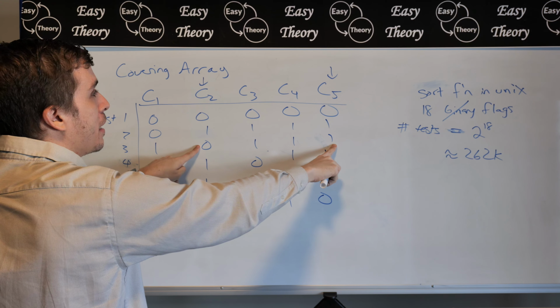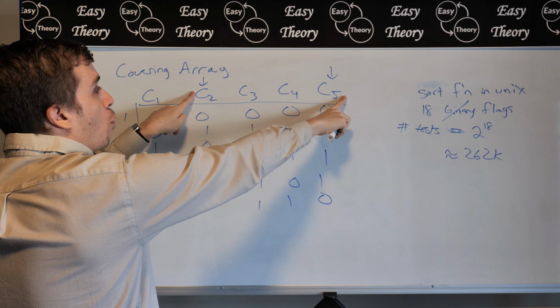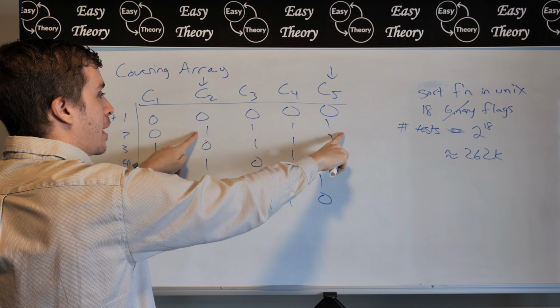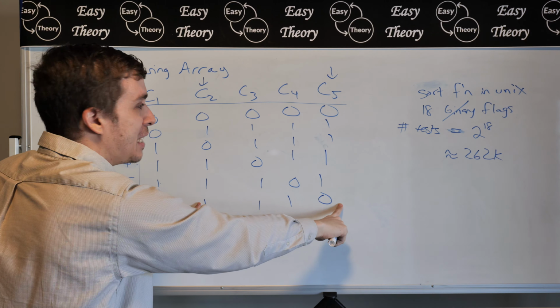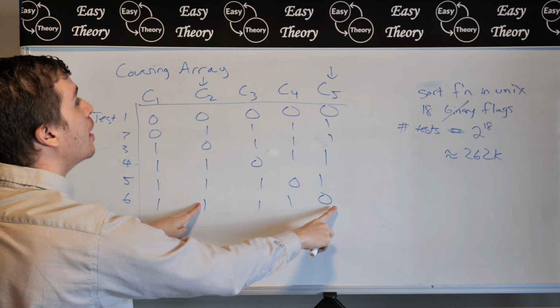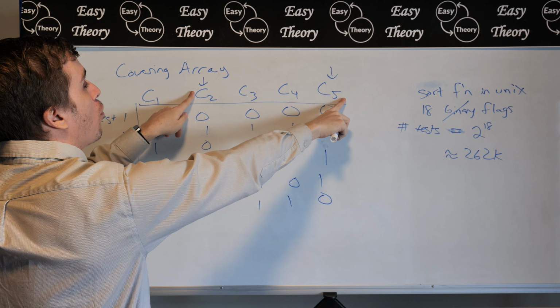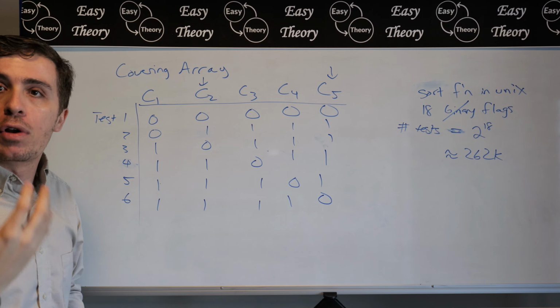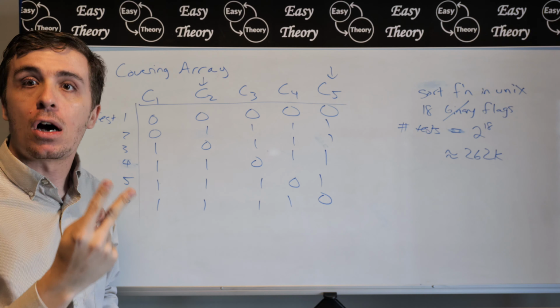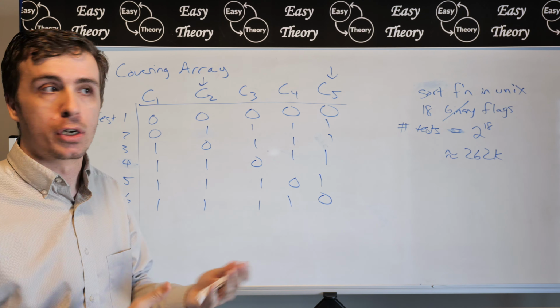So there's a 0,1 right here. We need to verify that there's a 1,0 somewhere. So it's not here, not here, not here, not here, not here. And finally, in the very last test, there's a 1,0 here. And then we need to verify there's also a 1,1 somewhere. So there's a 1,1 right here. And so therefore these columns, this pair of columns are what are called covered.